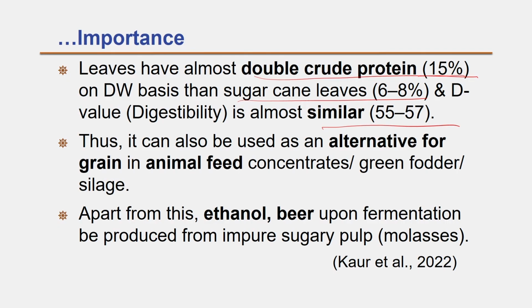It can also be used as an alternative for grain in animal feed concentrate or as green fodder or silage because it is rich in proteins. Apart from this, ethanol and beer can be produced upon fermentation from the impure sugary pulp, which is molasses. It means molasses can be used to produce ethanol or beer.